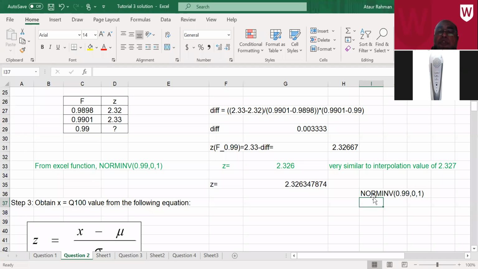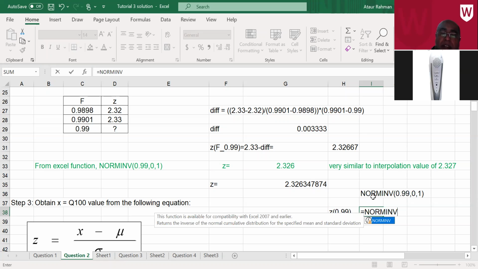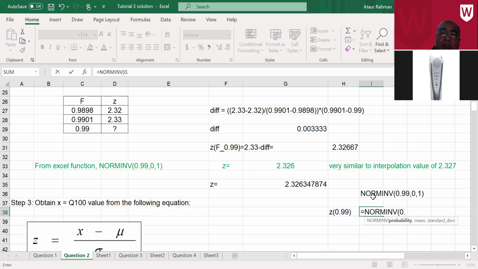So the Z value corresponding to 0.99 of the cumulative probability CDF equals NORMINV, and then we write down whatever F value we are looking for, and 0 and 1 are the parameters we have to consider.